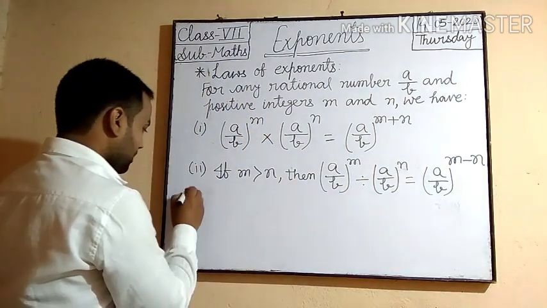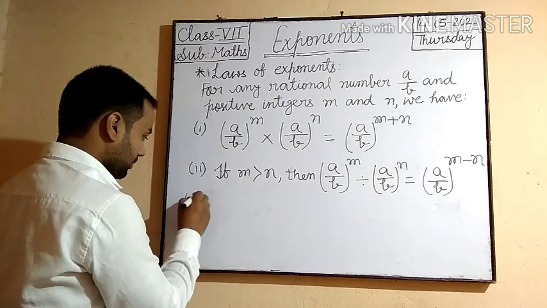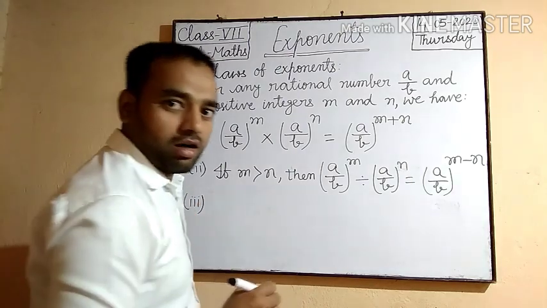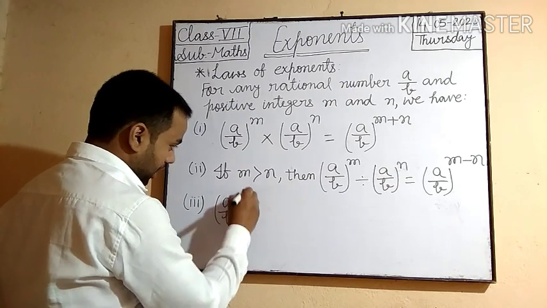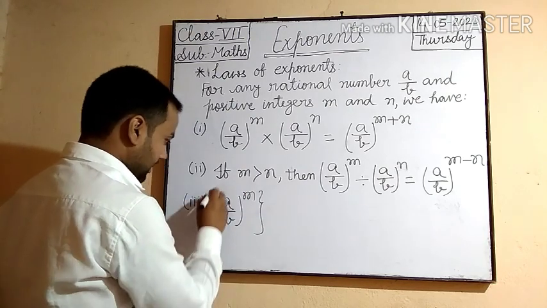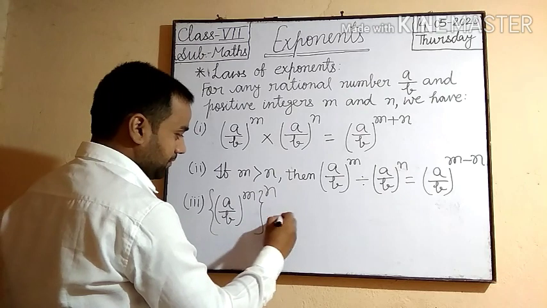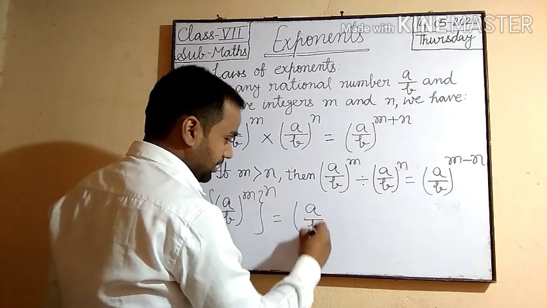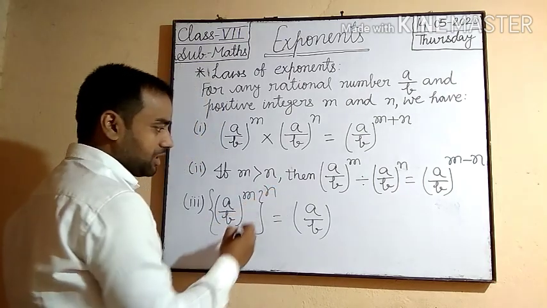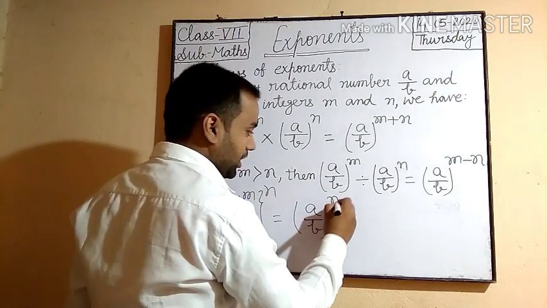Okay, third law: (a/b) power m, the complete thing to the power n. Here the base is a by b and the powers will be multiplied, meaning m into n.